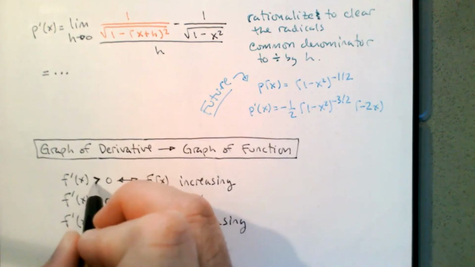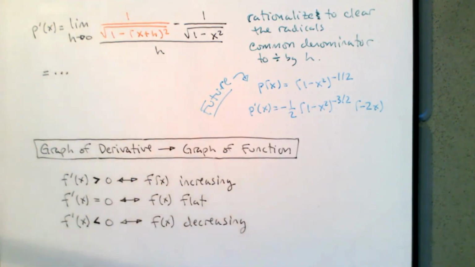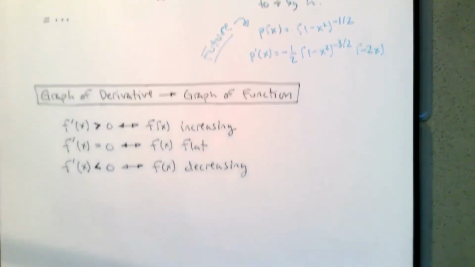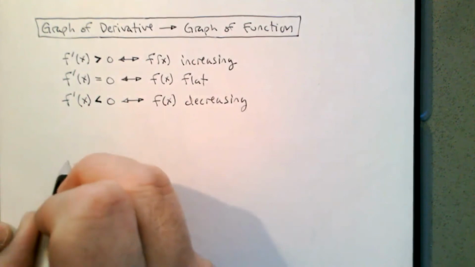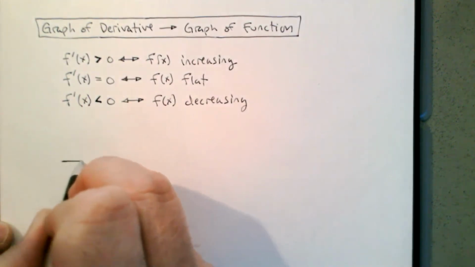So let's play this game backwards. We're going to draw a picture of the derivative, and we're going to use it to figure out what the function looks like. So here's going to be a picture of the derivative.